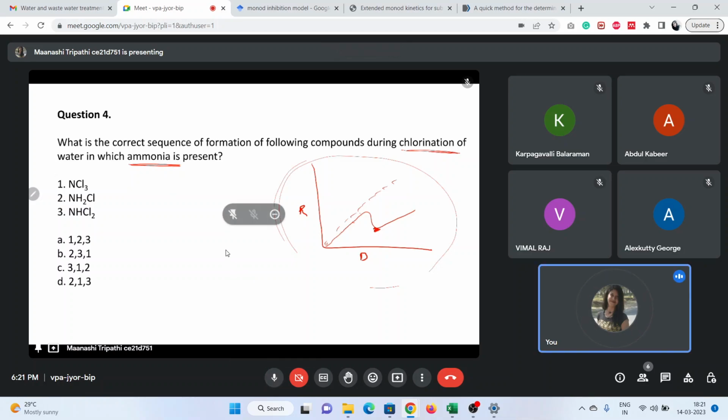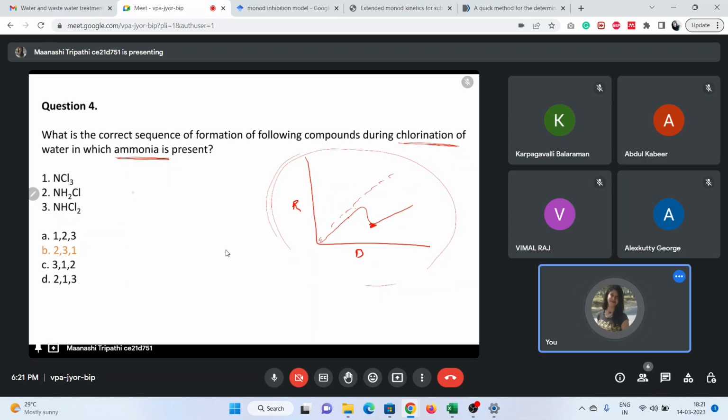Okay, we'll see the solution. So it's 2, 3, 1. What happens? When we add chlorine, say in the form of HOCl, it reacts with ammonia. So first, only one chlorine atom will come, so it will be NH2Cl.